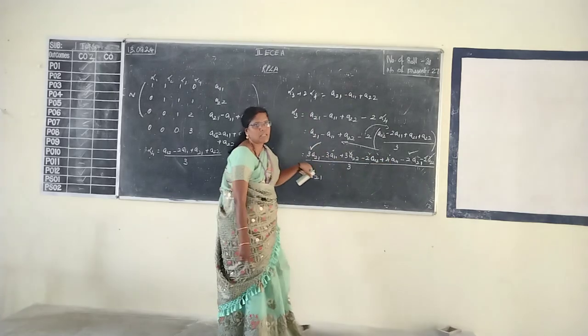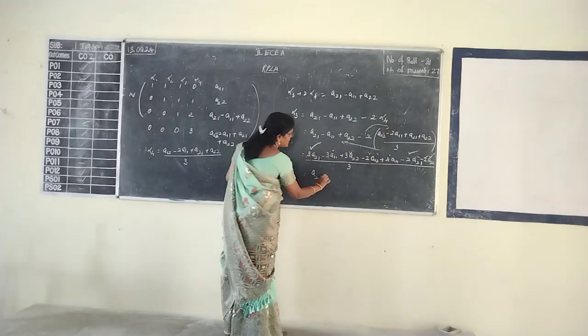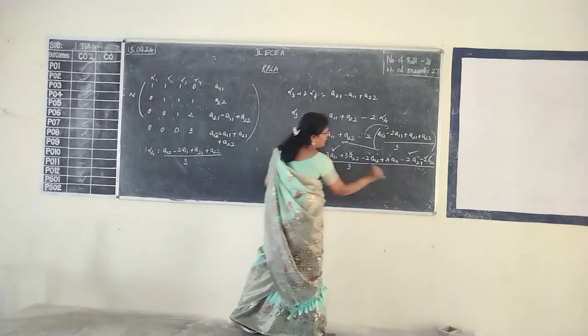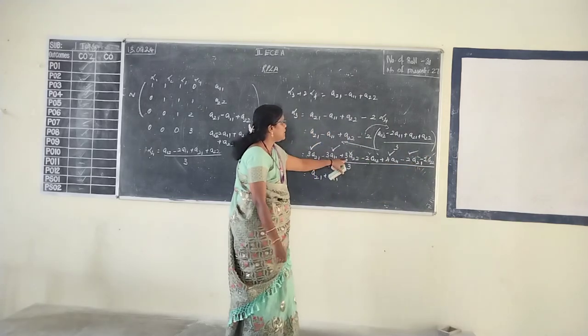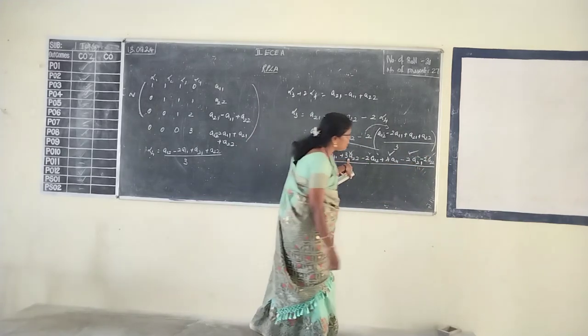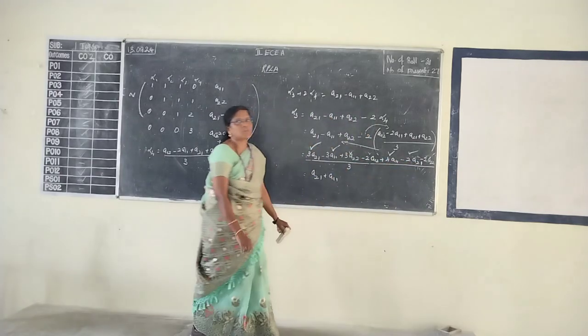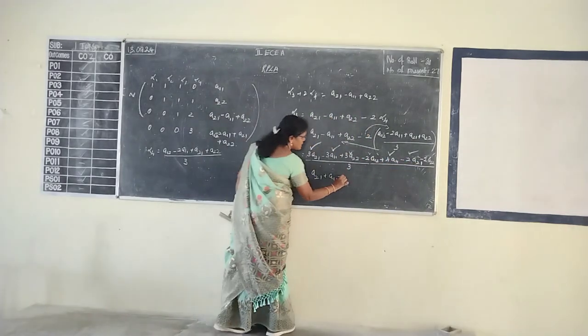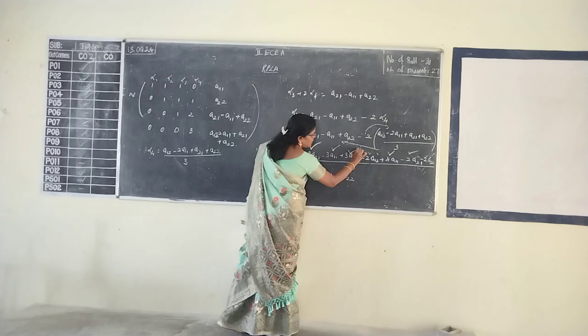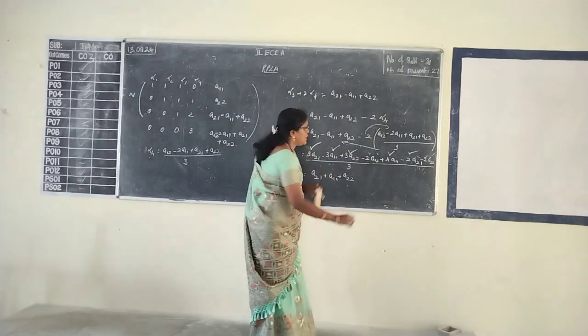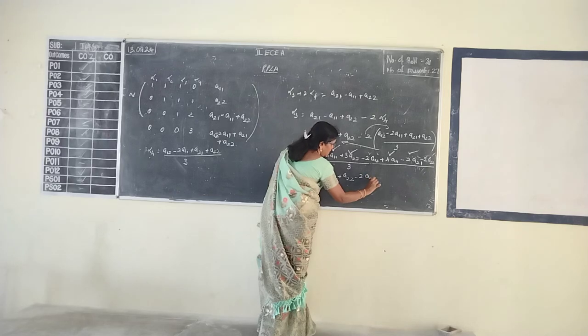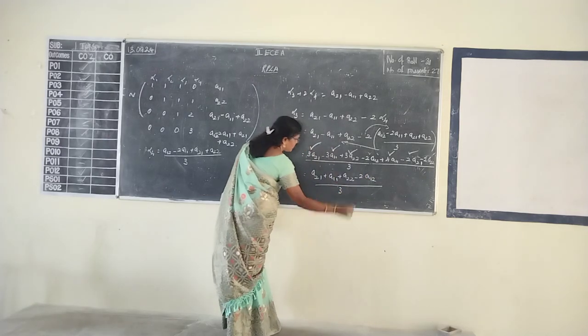So 4 minus 3 will give you a11. Any other terms are there? Then the next one is a22. So 3a22 and minus 2a22. 3 minus 2 will become 1. So plus a22. Then finally one more term is remaining, which is minus 2a12. The whole thing divided by 3.